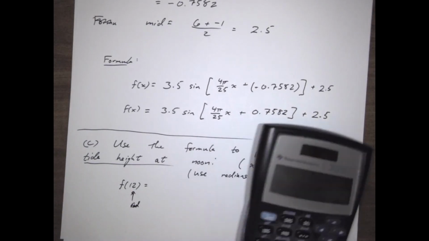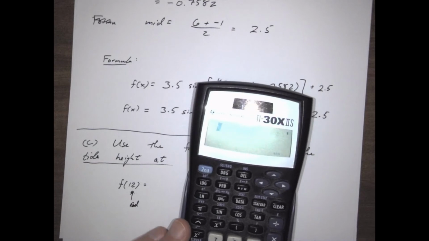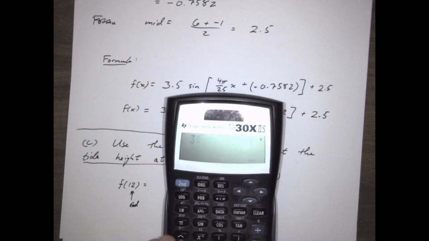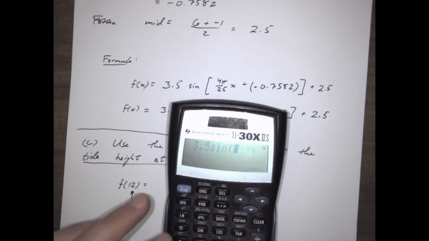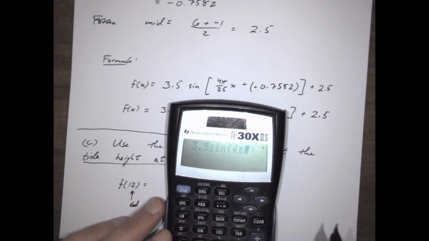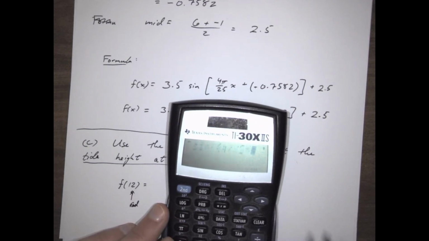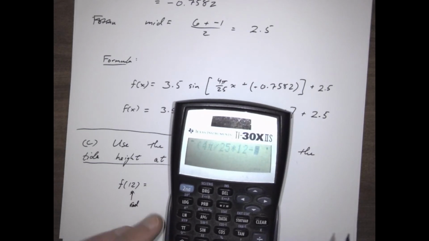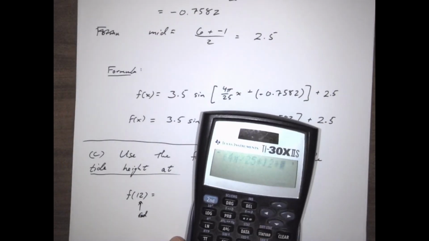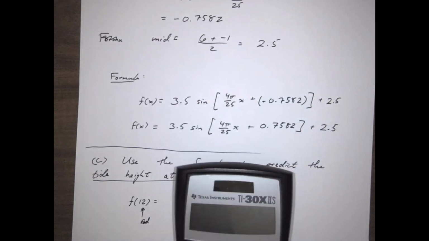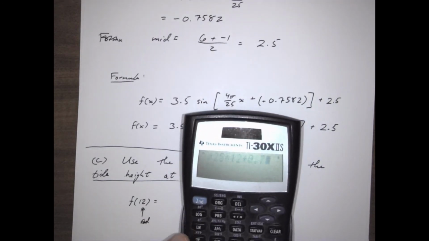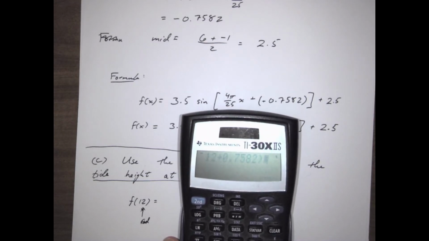Okay, so once it's in radians, you can just enter it: 3.5 sine, and you put in all the pieces. So what do I have? 4 pi divided by 25 times x, which is 12, minus negative, so plus 0.7582, and the parentheses for the sine, plus 2.5.